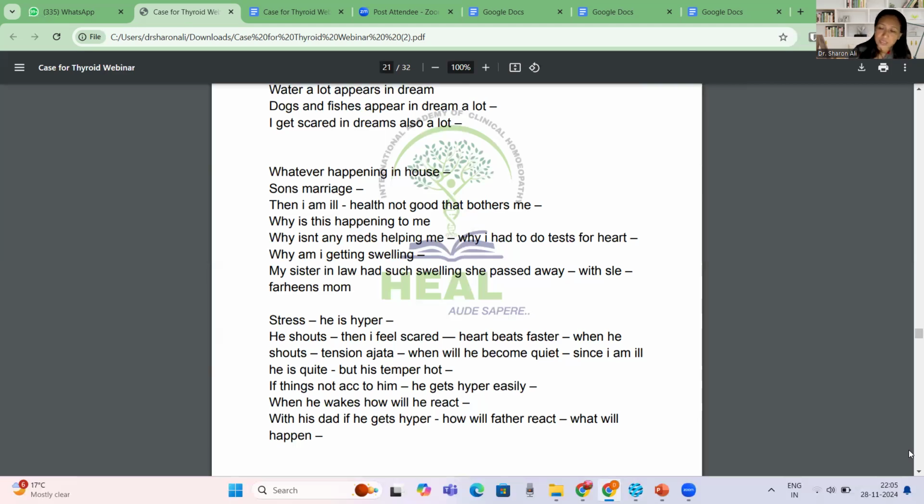That is one thing we must ask ourselves, because it's very important for the patient to be covered in all the aspects. The physical generals, the physical complaints, the PQRS of the physical complaints, everything has to be covered.